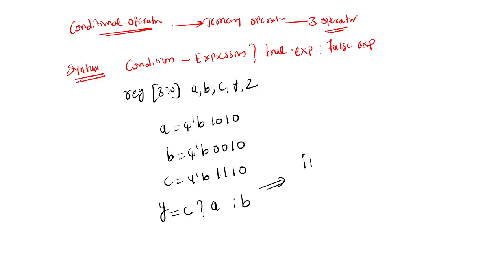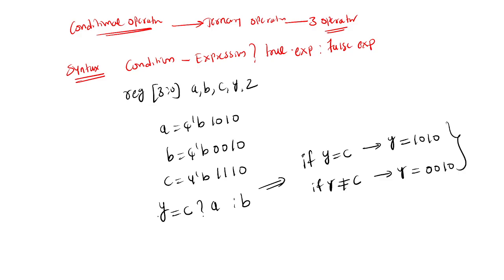That means if the condition is true, y is assigned a, which is 1010. If not, y is assigned 0010.